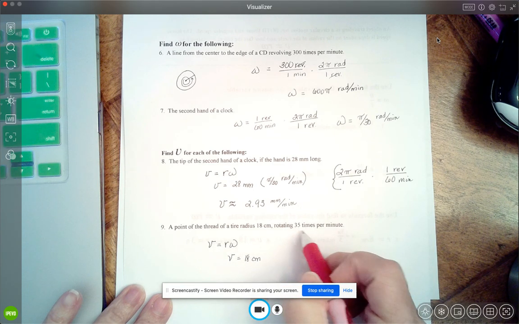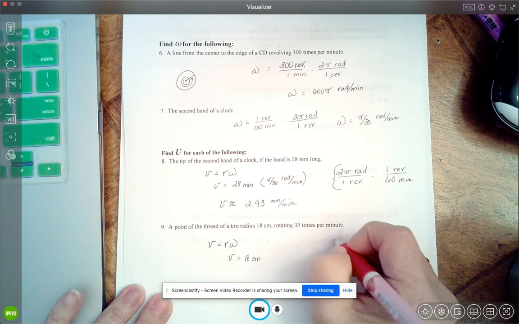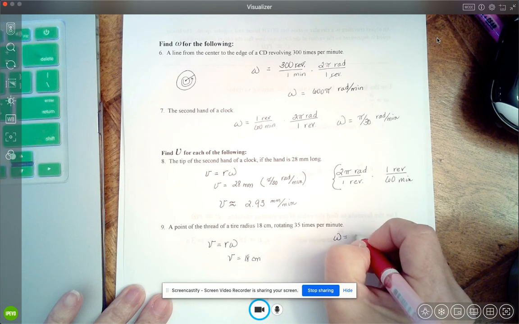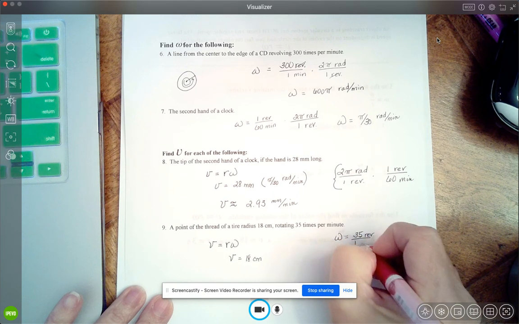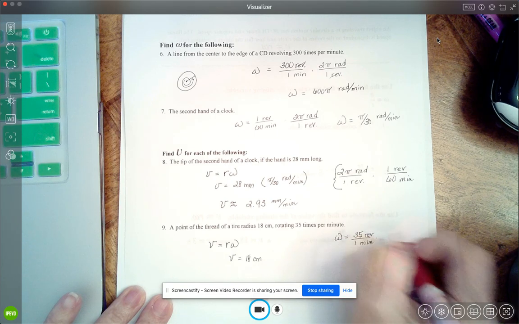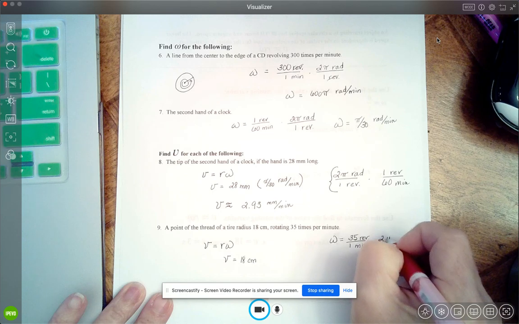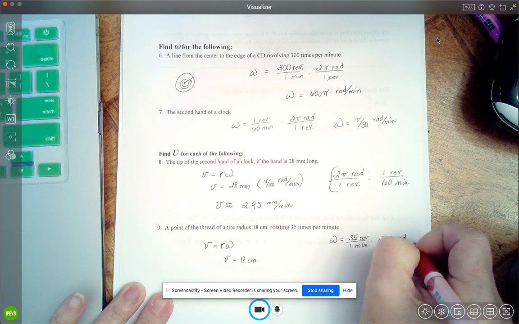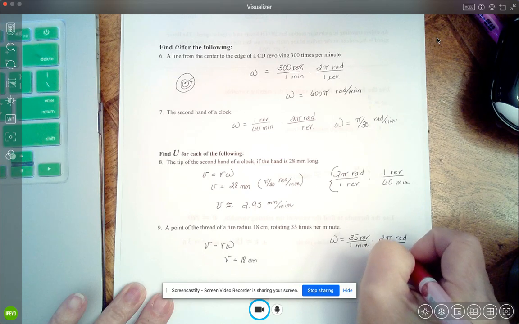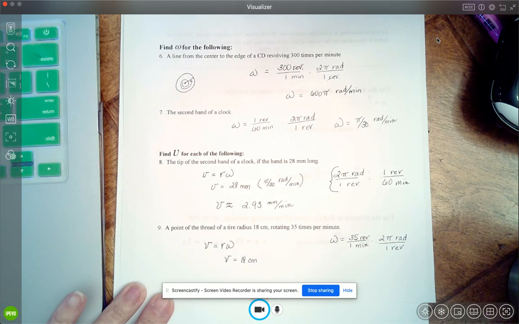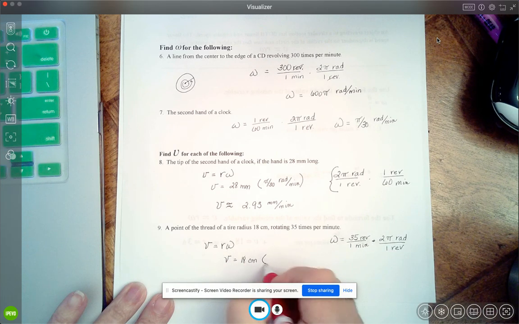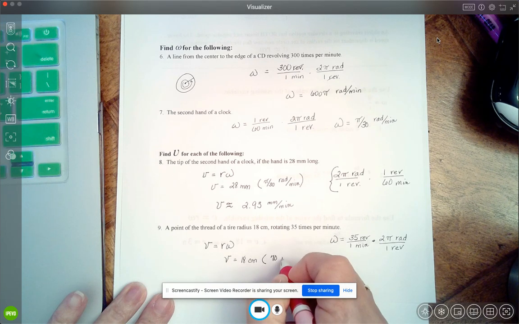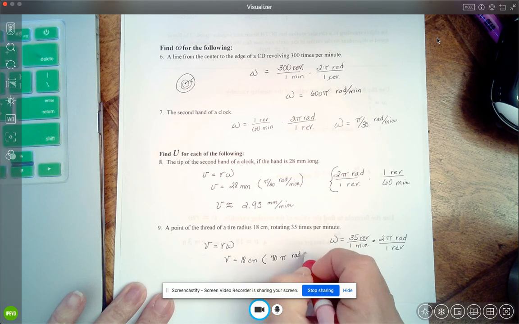If it's going 35 times per minute, it is going 35 revolutions in 1 minute. And I know there are 2 pi radians in 1 revolution. So my omega is going to be 70 pi radians per minute.